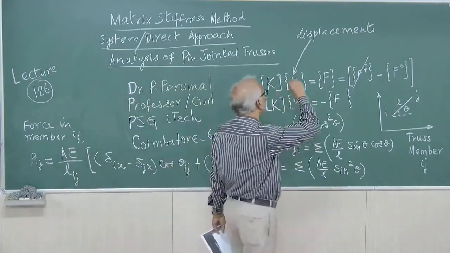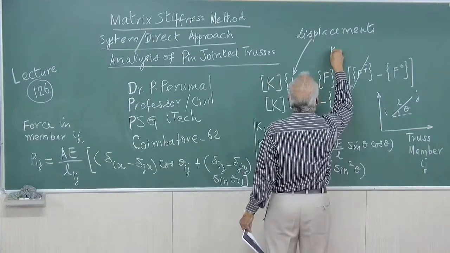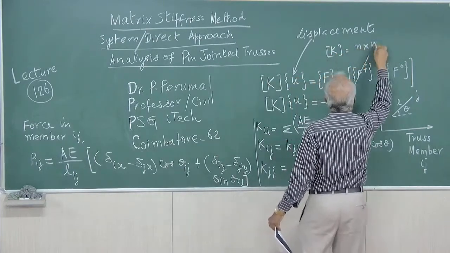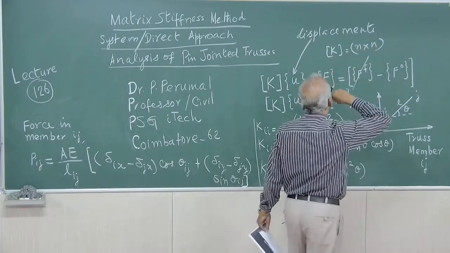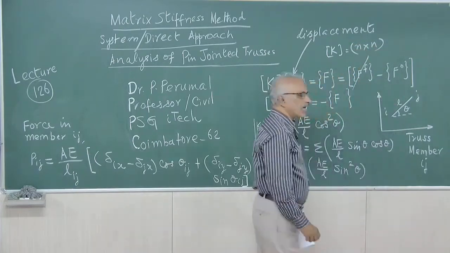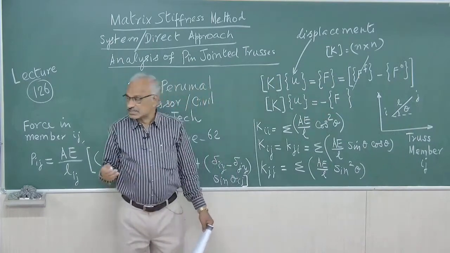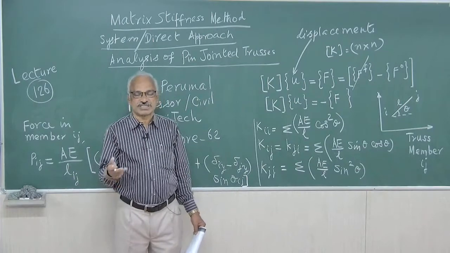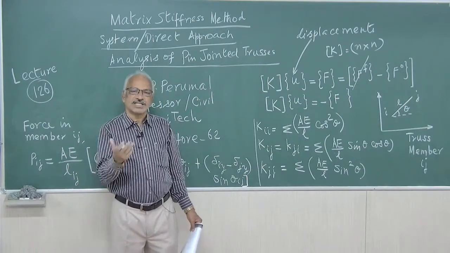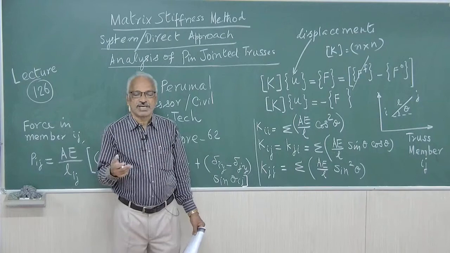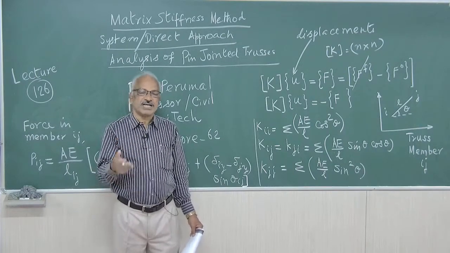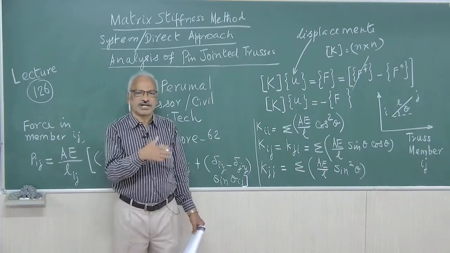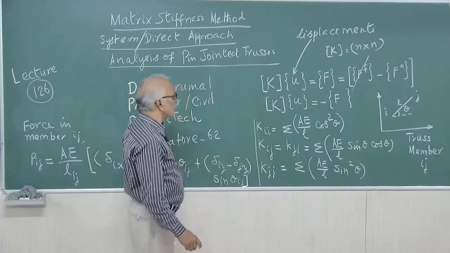If the kinematic indeterminacy of the structure is n, then the matrix will be n by n. If the number of possible joint displacements is 2, then the size of the matrix will be 2 by 2. If kinematic indeterminacy is 4, the size of the stiffness matrix will be 4 by 4. We have already studied that, just to recall.